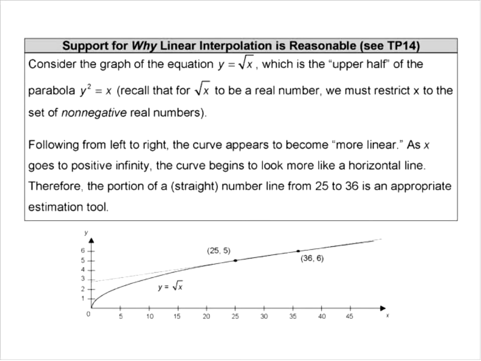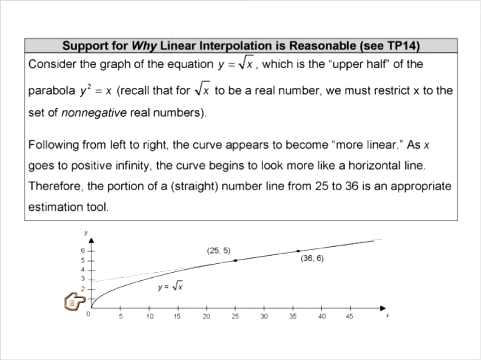Now, why does linear interpolation work? If we look at this, this is actually the graph of the equation for square root of x. But we're only looking at the upper half because we have to look at only the non-negative numbers. The other part would be like right here, and we don't want those, so we're only on the positive side.